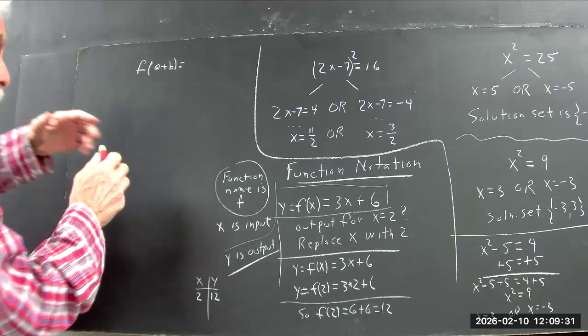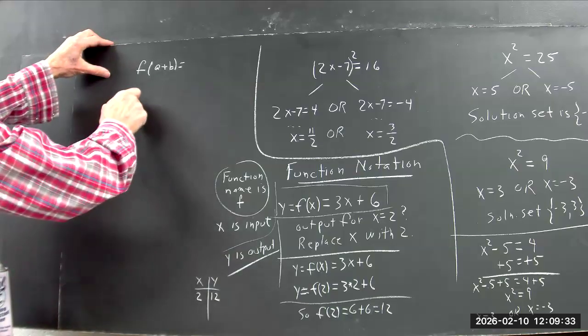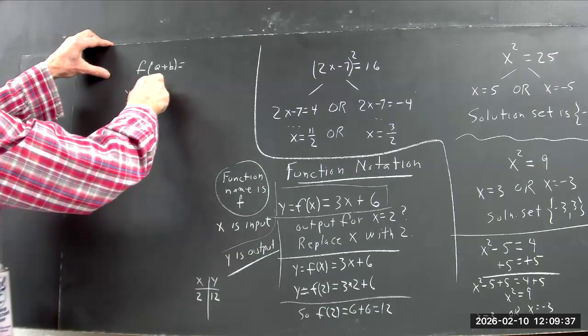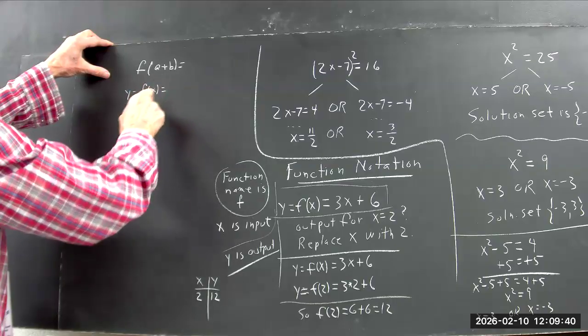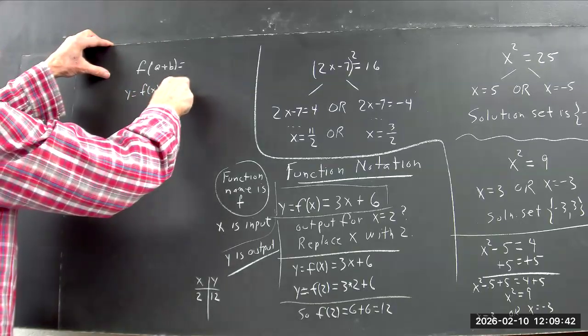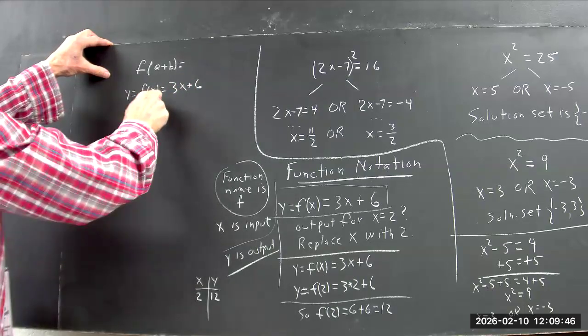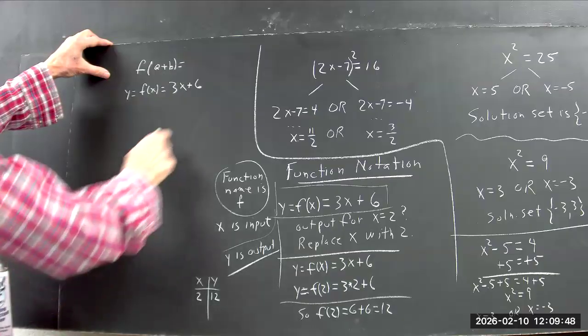Well, right now, the way I want you to answer that is, you write down y equals f of x equals 3x plus 6, and replace x by a plus b.